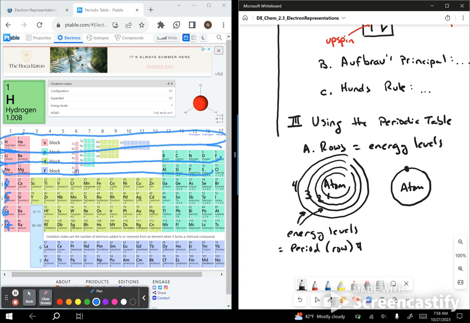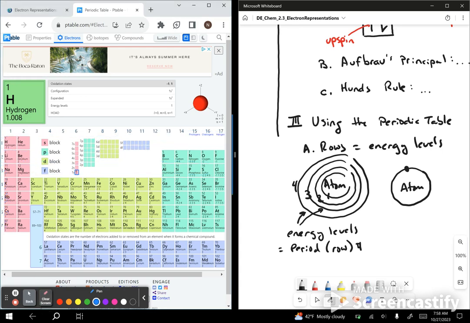If you were in row 2, or not row, column 2, you would actually have 2 electrons. If you were in the third group or family, you would actually have 3.